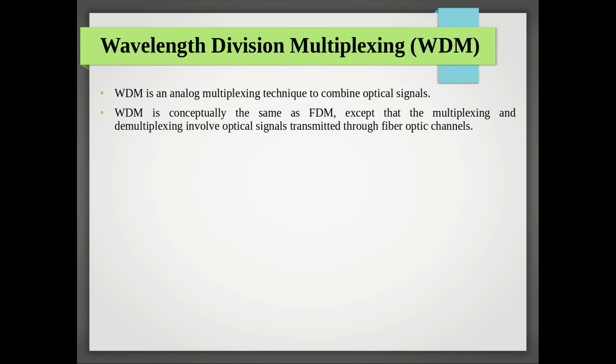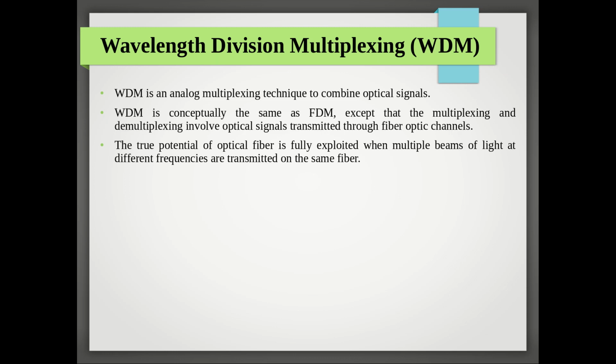Here also we are dividing the channel just like FDM, but we are highlighting the term wavelength, because when it comes to optical signals, the light waves coming under the visible spectrum have different wavelengths given different colors. In that way you can differentiate the signals traveling through a common optical fiber. That could be the reason they deal separately with wavelength division multiplexing.